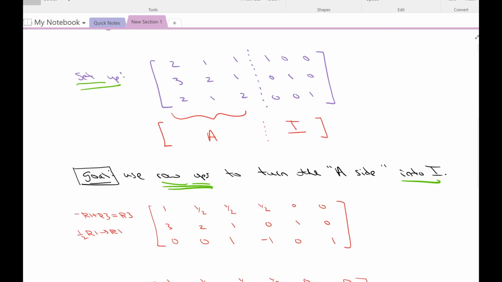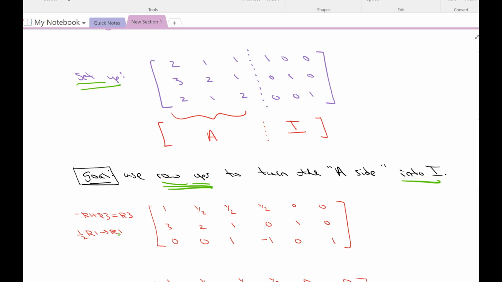Now you see me working through the row ops. If you want to practice, go ahead and do the row operations on your own, and try to get the reduced identity matrix on the left-hand side, or you can just follow along with me. What I did first was negative row 1 plus R3 equals R3. Then I multiplied row 1 by a half, got a new row 1.